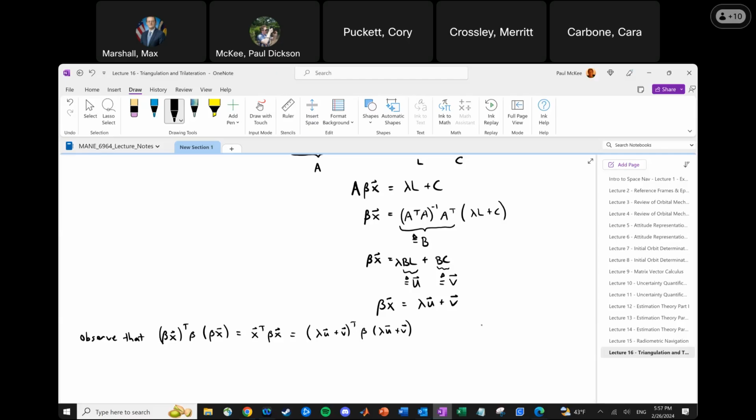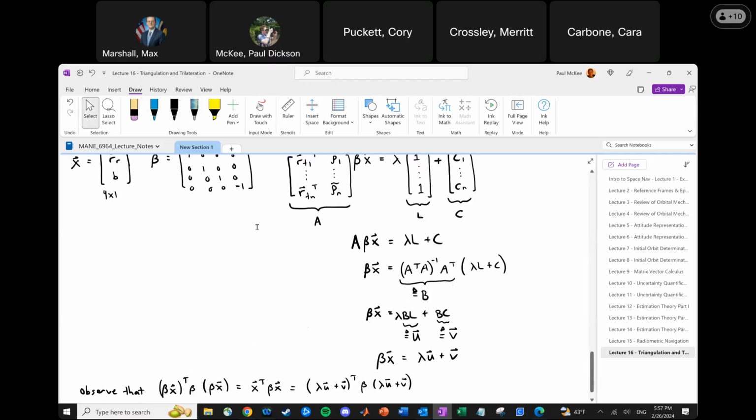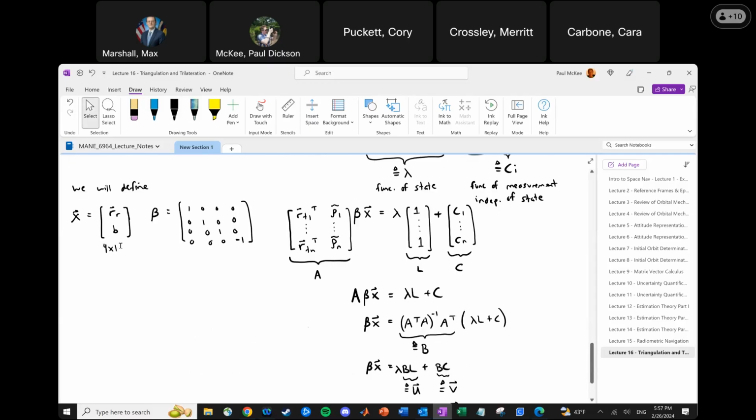Now we can also observe, and this is where our definition of lambda is going to help us here actually, and of our state. Also observe that x transpose beta x, well, x is, if we just scroll up for a little bit, our position and then the bias.